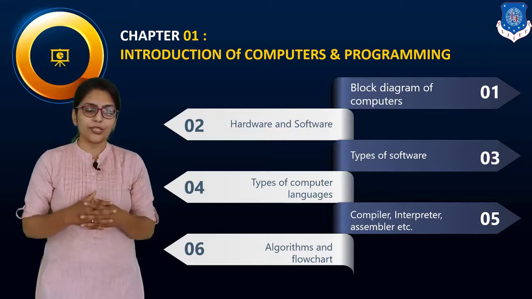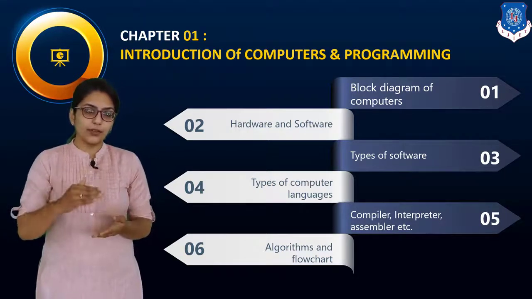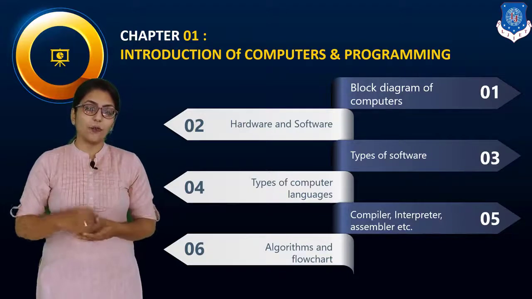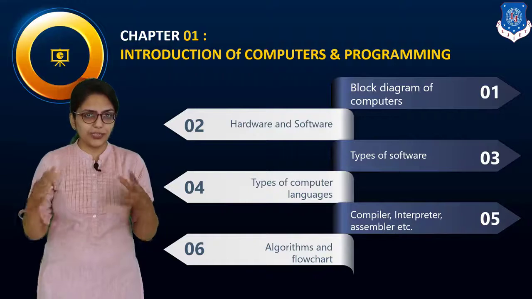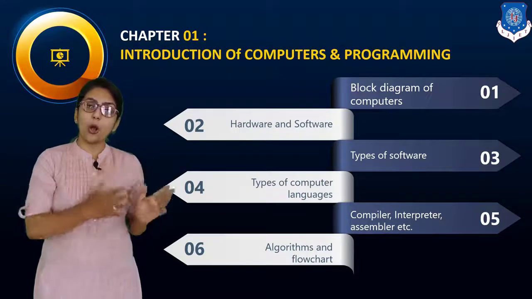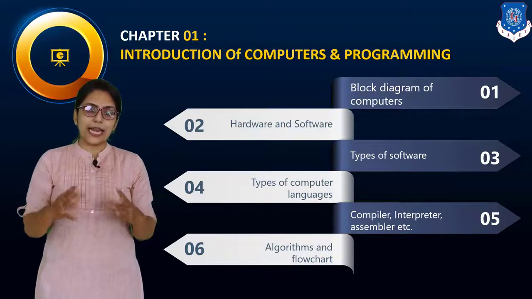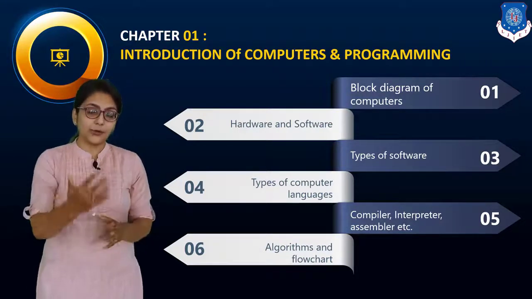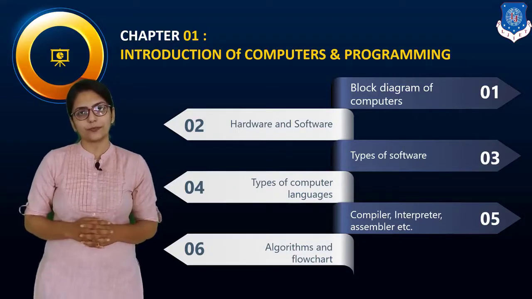These computer languages are layered languages: whatever the machine can understand, whatever language the human can understand, and whatever is the intermediate between them. We are going to study all of these languages in detail. I am also going to state the benefits, that is the advantages and disadvantages, of these languages.